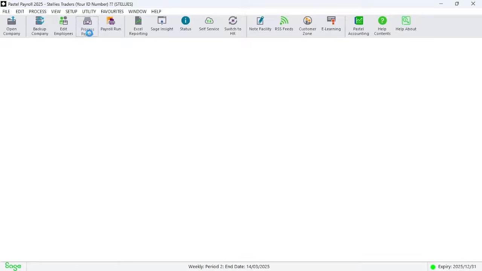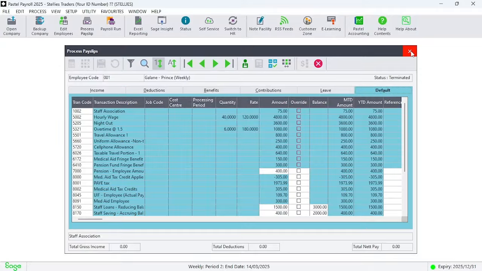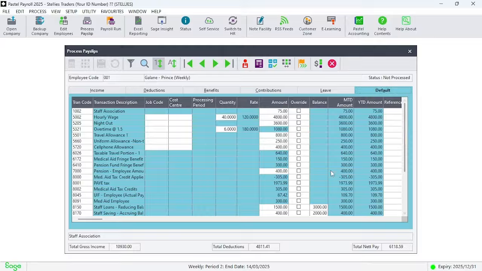Now moving to process. So we're back again. We have come to realize a little error there, but it has been resolved. We now look at week 2, and we now have come to realize that Mr. Kalani does not work 40 hours, but rather in this particular period worked 38 hours.